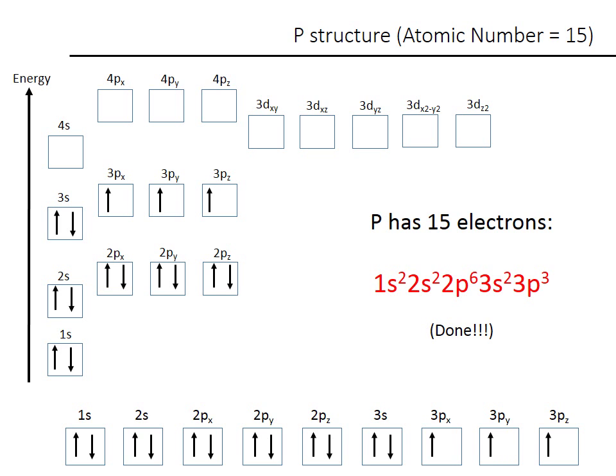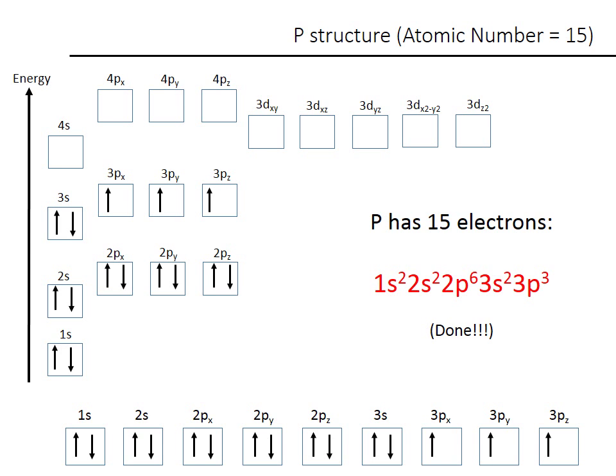We write this as 3p3 because that means that the 3p subshell contains just 3 electrons out of the 6 that it could host. But please notice that the 3 remaining electrons dispose themselves in a way so as to have the maximum number of unpaired spins.